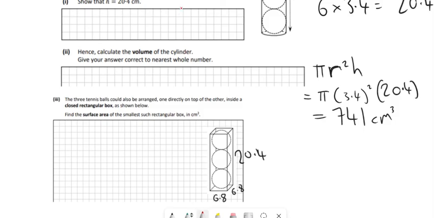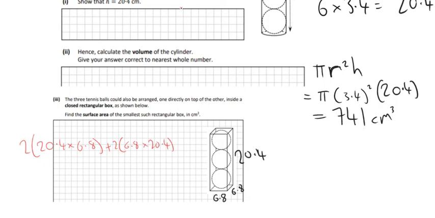The surface area then will be 2 times, well, the front of that box is 20.4 multiplied by 6.8. That includes the front of the box there and the back of it as well. Plus 2 times the side of the box, which is 6.8 times 20.4.